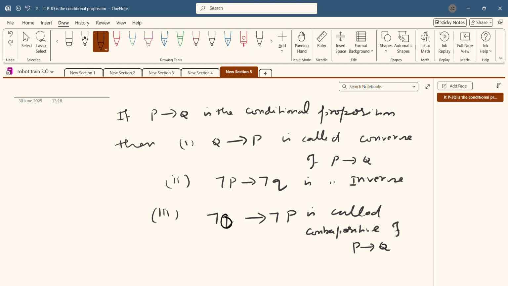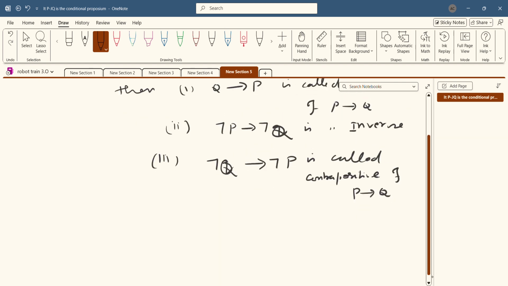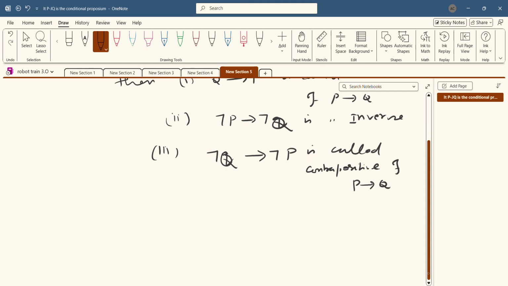So here I can use capital letters. Okay. So I can give an example to define the above statements.